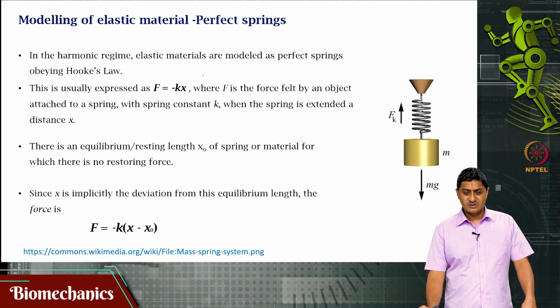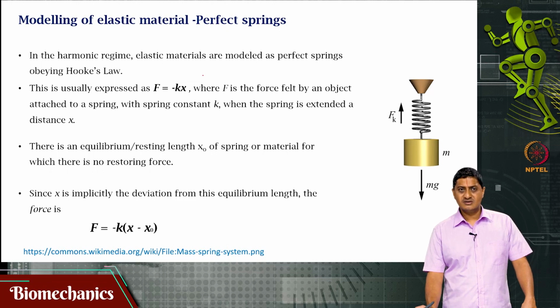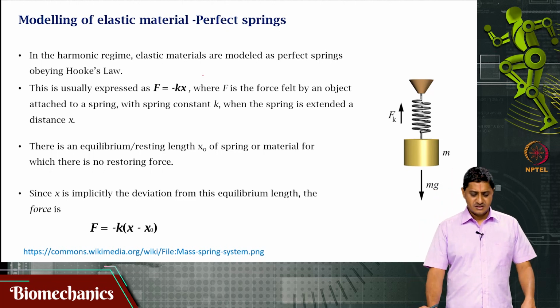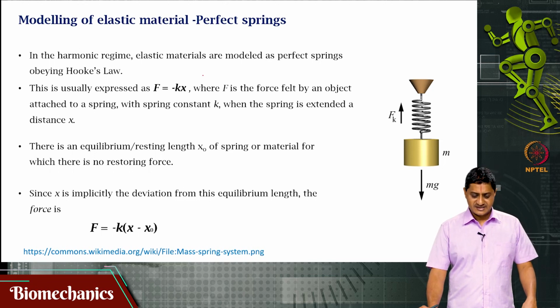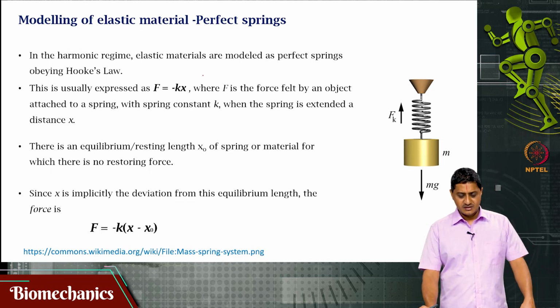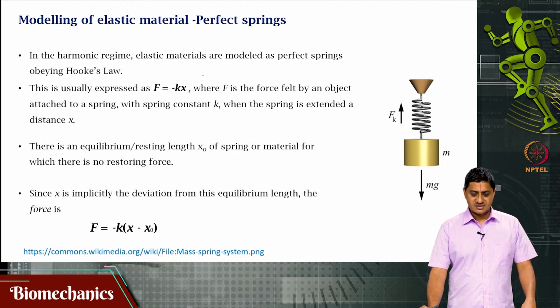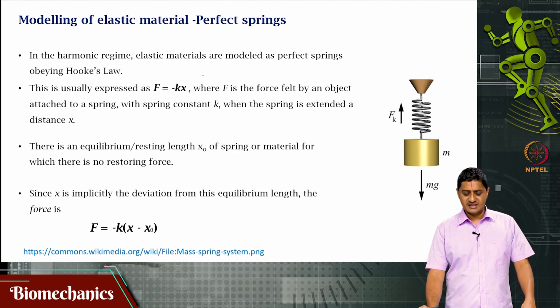You know what the perfect spring equation looks like. The force that is developed in the spring is minus kx, where F is the force that is felt by the object attached to the spring. The spring constant itself is k when the spring is extended to a distance of x.